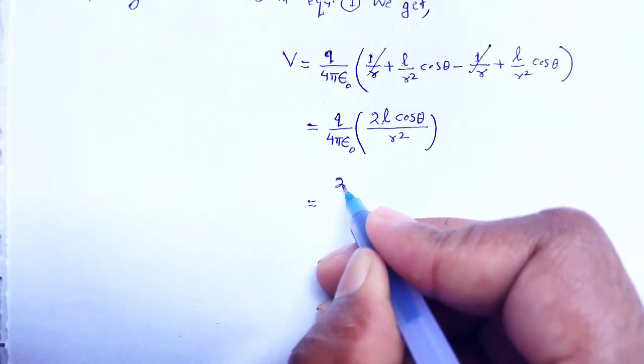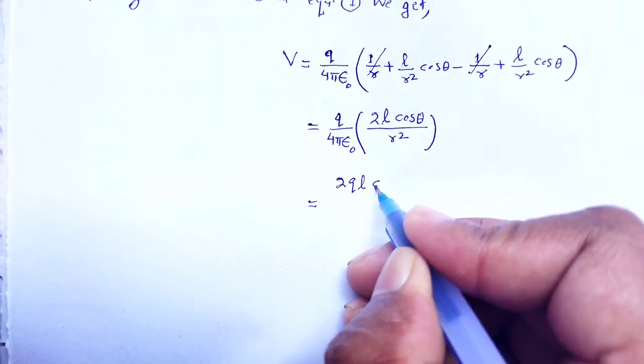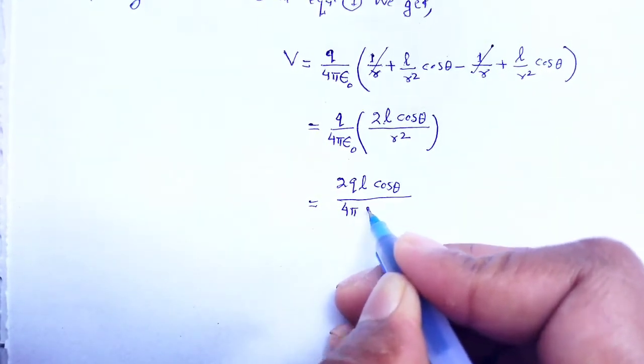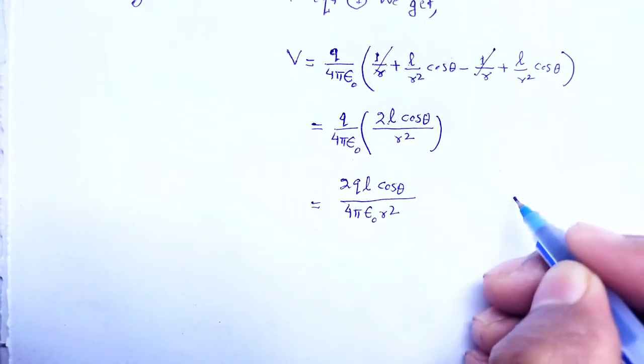We write here 2QL cos theta divided by 4 pi epsilon naught r square.